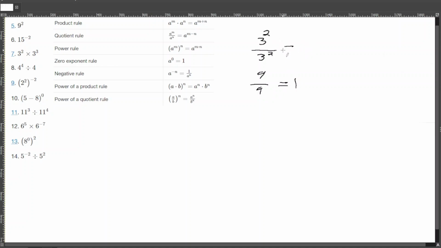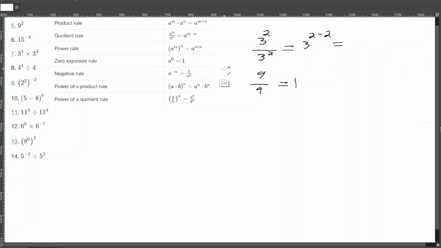But according to the rule, we're using the quotient rule here. We take the top power and subtract the power that's in the denominator. They have the same base, so we end up with 3 to the 0. And since this is 3 to the 0, but it also equals 1, it is equal to 1. So there's a little proof right there.